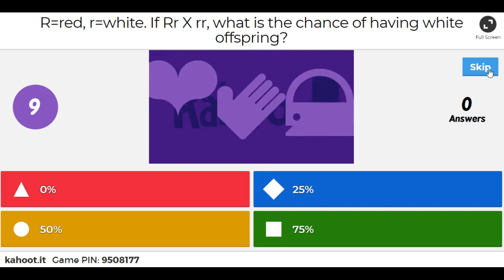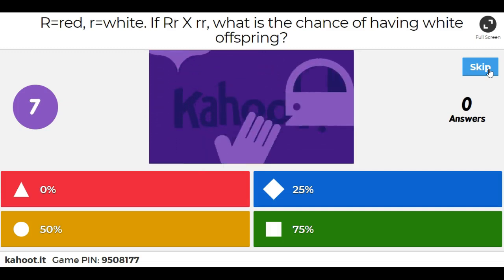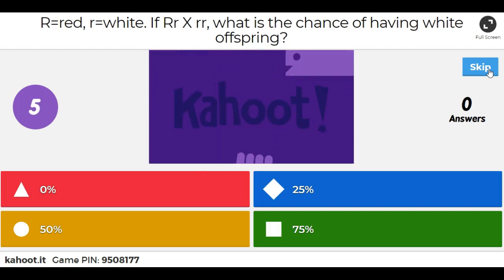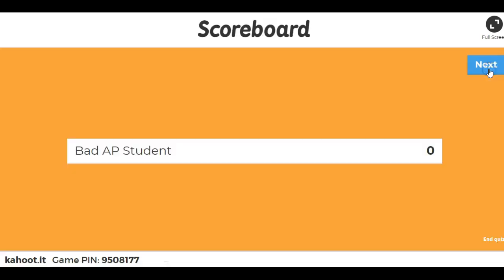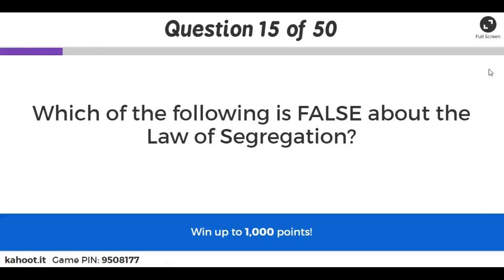These exhibit complete dominance, by the way. So there's a 50% chance. Now, while using Kahoot, I'm pretty restricted on how many characters I can use when typing this out. So I had to get a little bit clever with my wording. All right, next question, number 15.